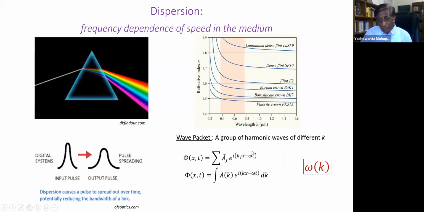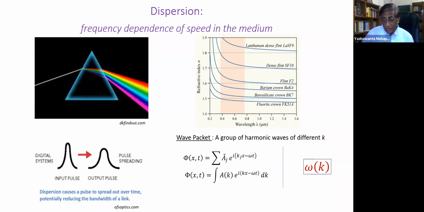But omega and k, this relationship, what is the relationship between omega and k, that defines the medium. For example, omega equal to ck is the definition of a non-dispersive medium, as in vacuum. So every wave has the same speed, that is non-dispersive.